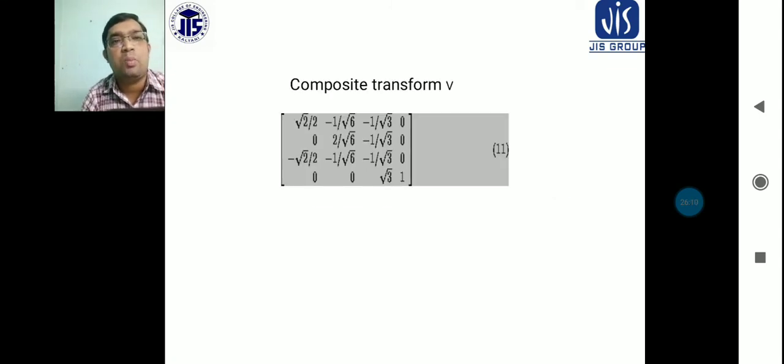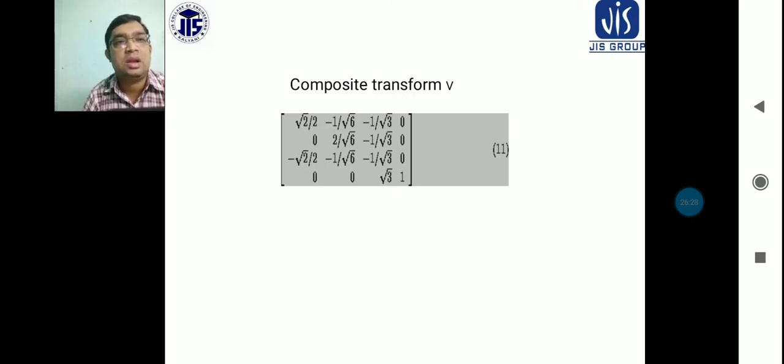Another thing is the composite transform, where v is considered according to this. The first column is root 2 by 2, 0, minus root 2 by 2, 0. The second column is minus 1 by root 6, 2 by root 6, minus 1 by root 6, 0.